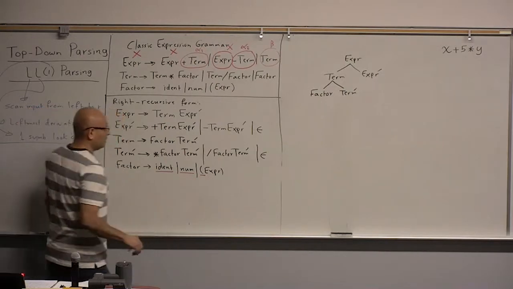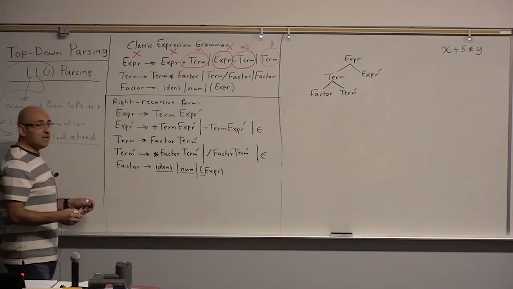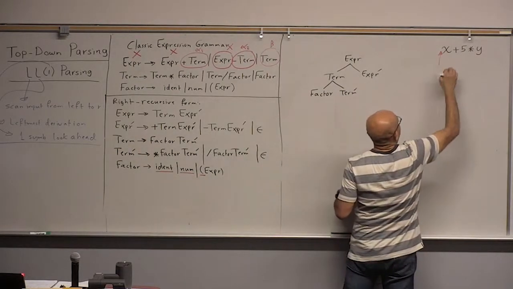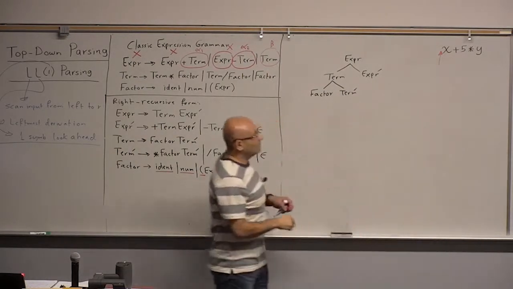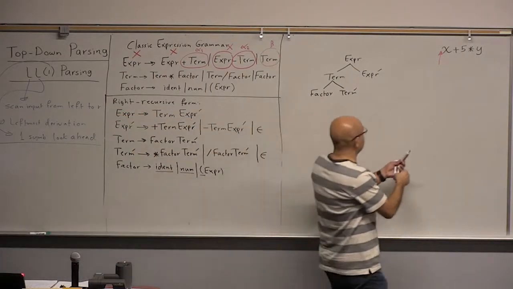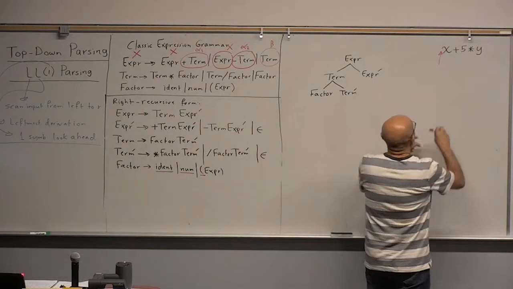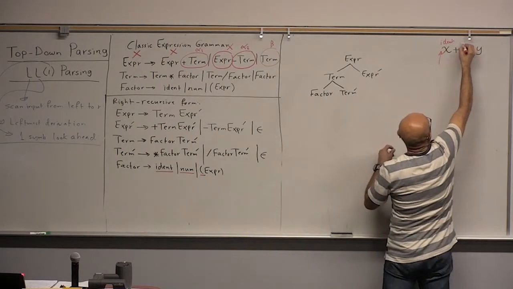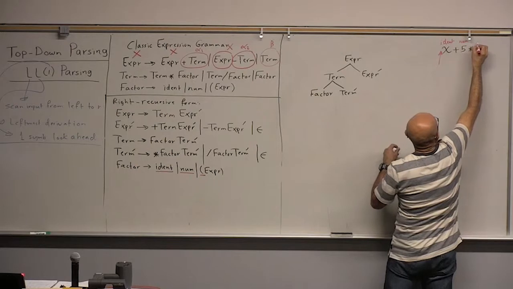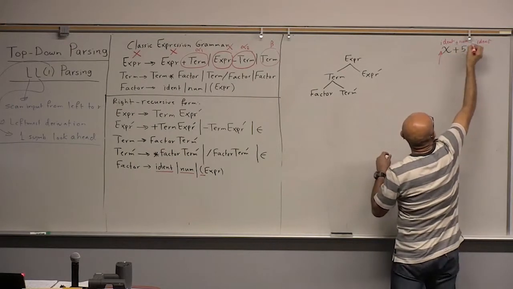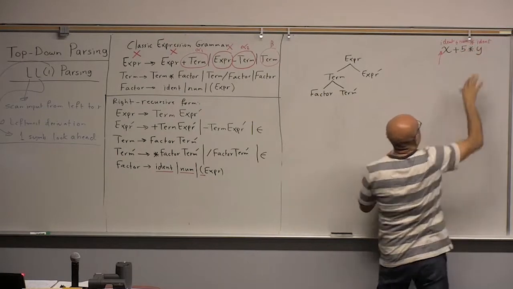Based on what we are seeing in the input, the scanner will identify this as an identifier, this is plus, this is number, and this is another identifier. Plus. So this is what the scanner will tell us.